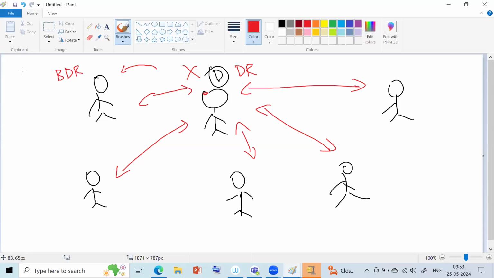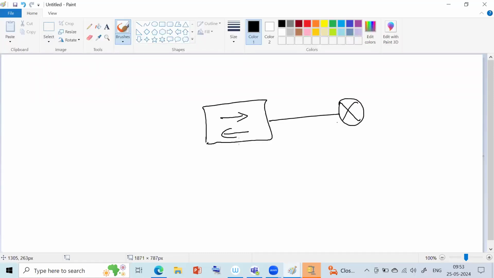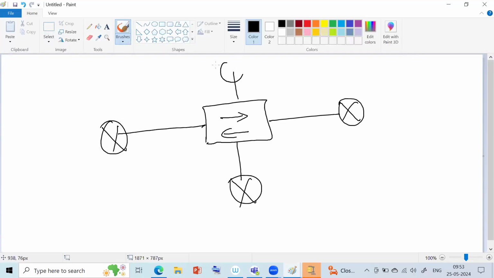This is the concept. Now we saw it person-wise. Now let's see it router-wise. Let's have a router here. The same scenario, nothing different. Okay. We have a router here, here, here, here.